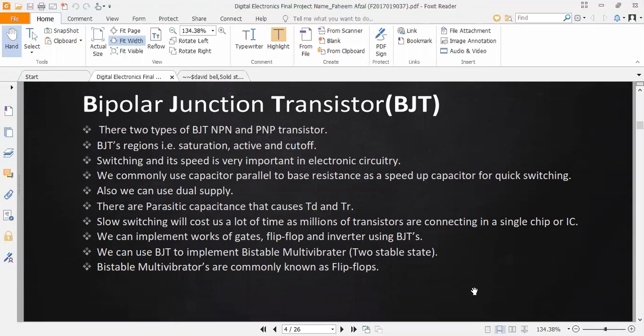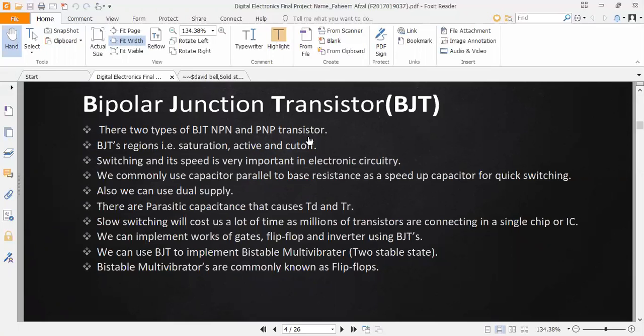There are two types of BJT, NPN and PNP, and three regions: saturation, active, and cutoff. For switching purposes, we ignore the active region and work in saturation and cutoff. For BJT, switching speed is very important in electronic circuitry, as thousands of BJTs are connected in a single chip or IC.